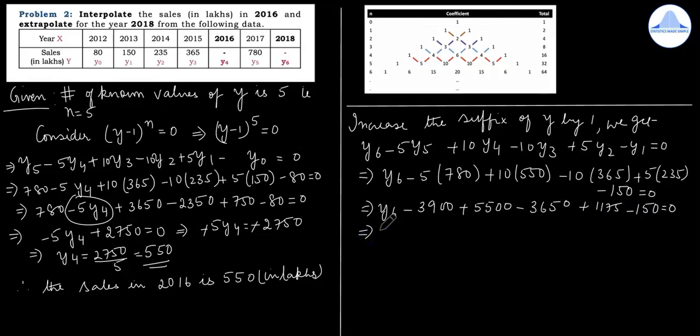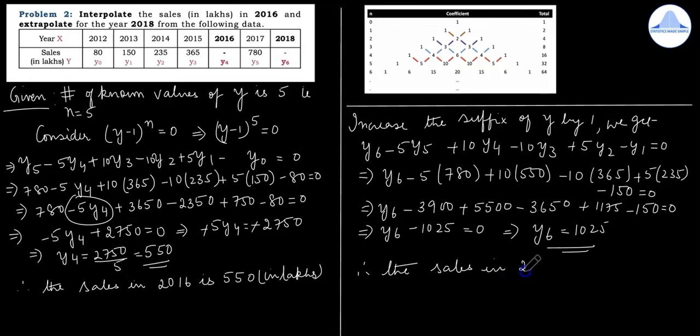So which implies keep y6 as it is, put the remaining values in the calculator and simplify. So we'll get y6 minus 1025 is equal to 0. So which implies y6 is equal to 1025. So therefore the sales in 2018 is 1025 in lakhs.